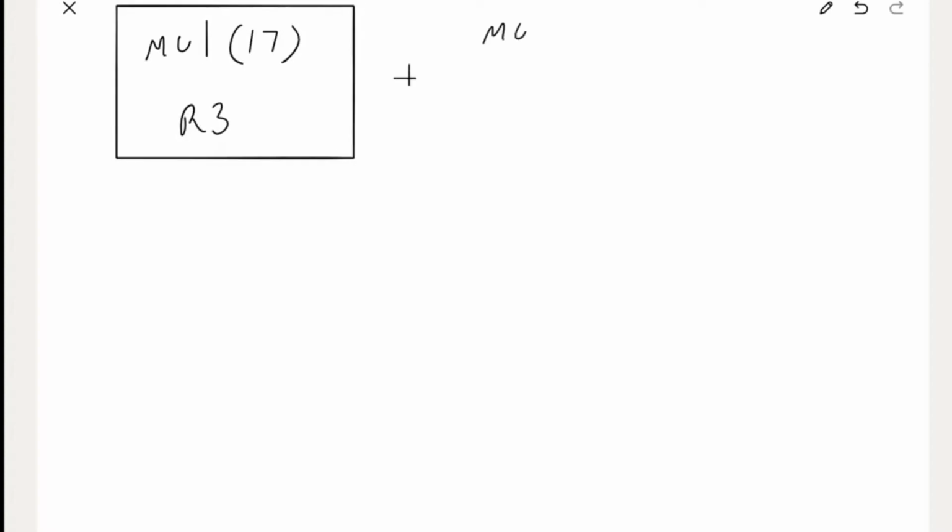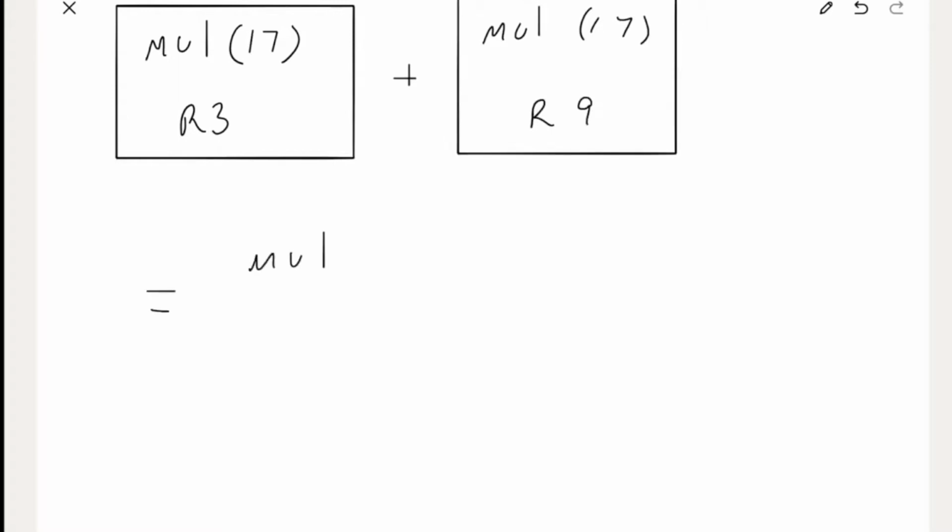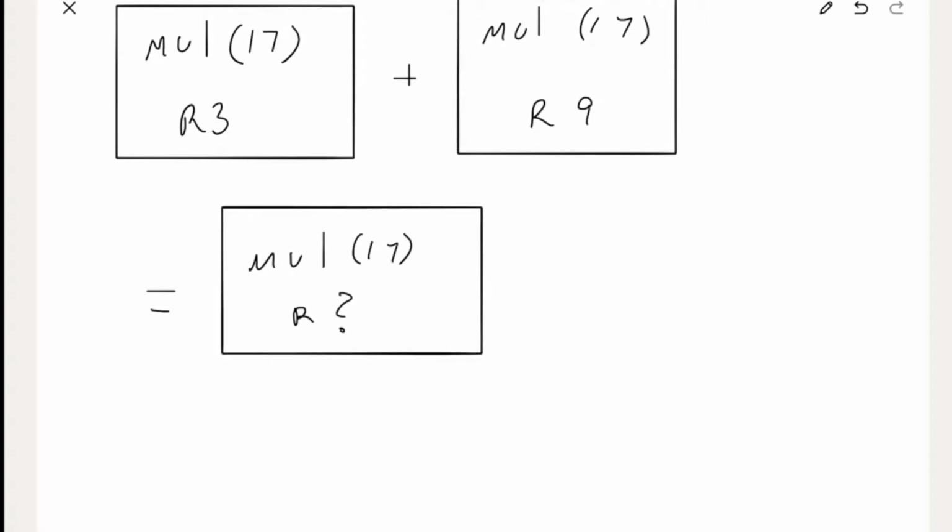So let's take this one step further, and let's see if we can make some interesting inferences here. If I say that a multiple of 17 remainder 3 plus a multiple of 17 remainder 9, let's say, can you tell me what remainder in the world of divisibility by 17 that sum would have?